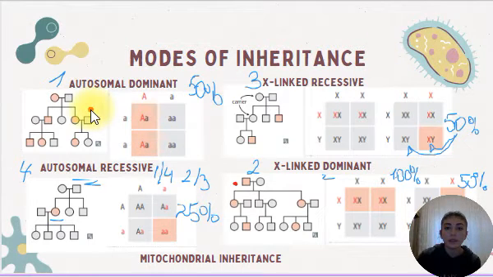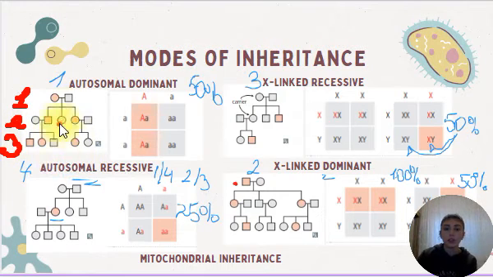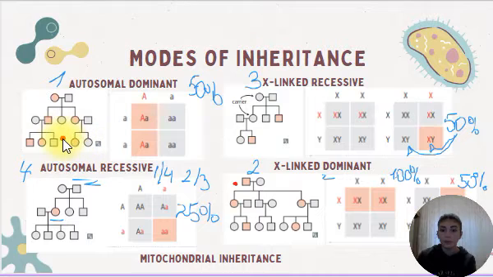So let's say we can tell whether it's dominant or recessive when we look at the pedigree, right? If you see that multiple generations get the disease, then you automatically say it is dominant. You see that the first, second, and third generations all have the disease, and you say it is dominant.